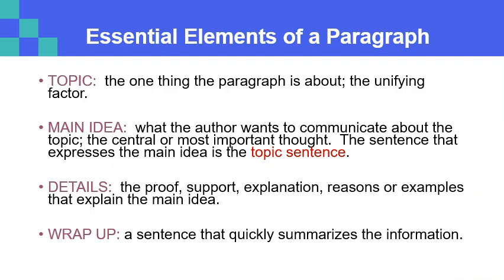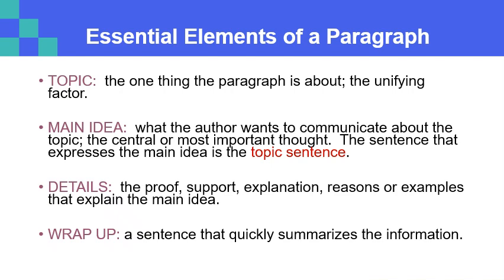All paragraphs, regardless of the type of paragraph that you're writing, will have some important parts in common. So all paragraphs need a topic, which is the one thing the paragraph is about. It is the unifying factor of that paragraph. A paragraph also needs to have a main idea, which is different from the topic. A topic is more general.